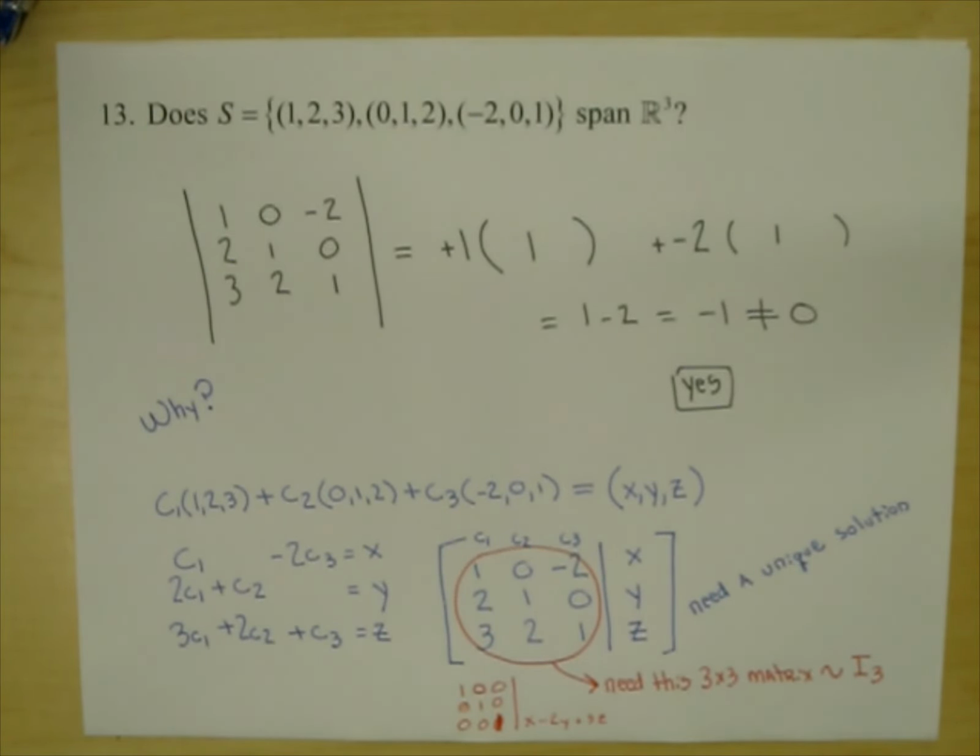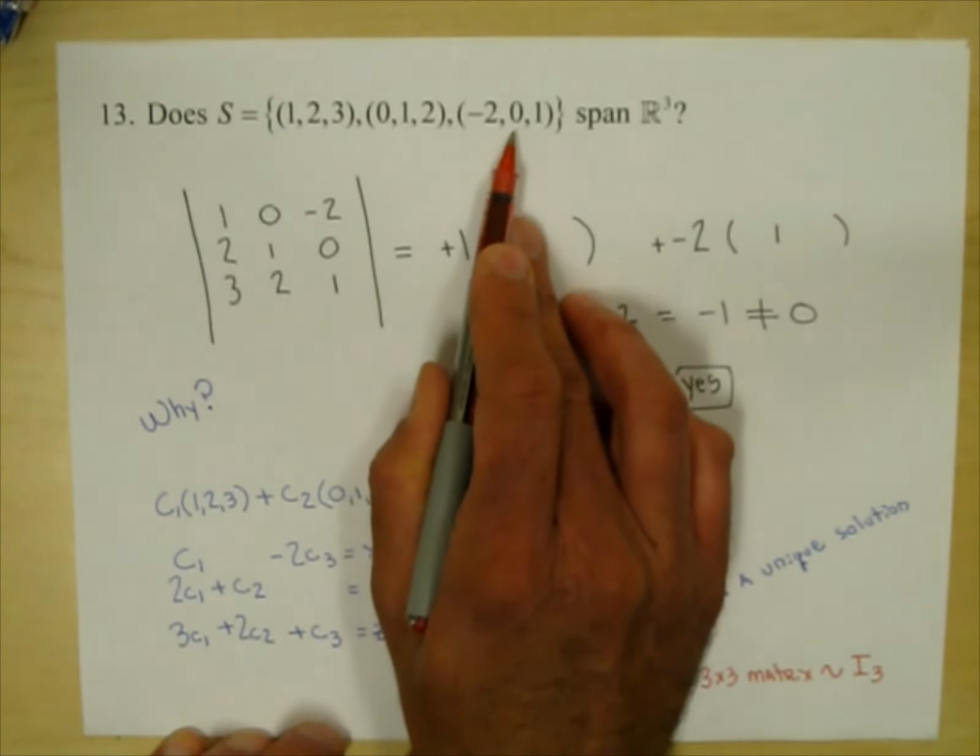Now, if you had a 0 here instead of a 1, that's what I had originally written, then you would have x minus 2y plus 3z equals 0, which would be the equation of the plane that those vectors would all lie on.